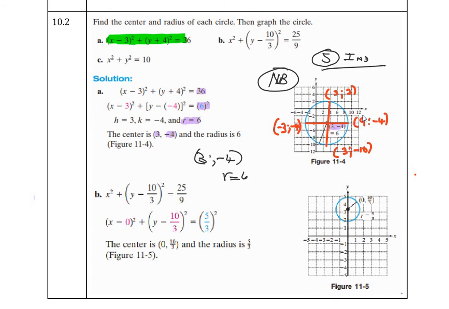Other things that we must just also consider here that could be asked to us, and they do. Remember, this circle is crossing the x-axis, so they can maybe ask us to work out the x-intercepts. It's also crossing the y-axis here, so they might also ask us to work out the y-intercepts.